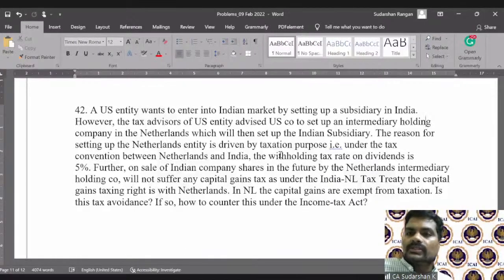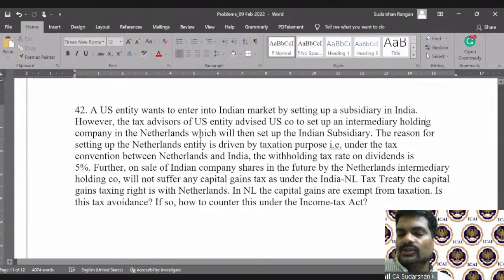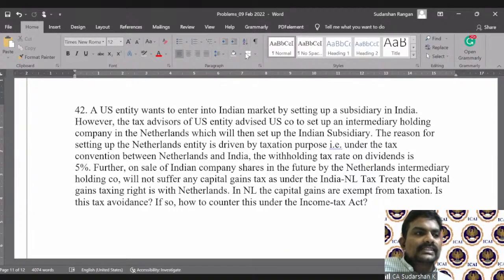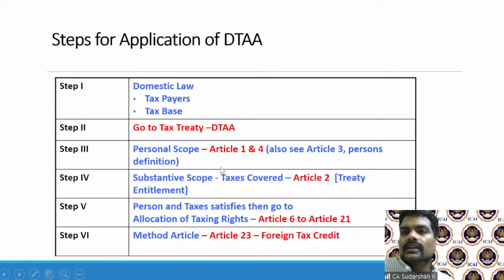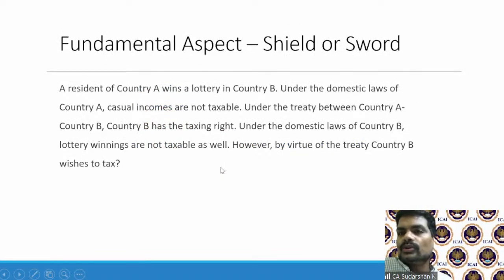So MLI ensures that there is no double non-taxation or reduced taxation through the treaty shopping mechanism. I just wanted to give you an example as to what is elimination of double non-taxation. Elimination of double non-taxation is this: you try to enter into a treaty through conduit companies in low tax jurisdictions or tax havens.